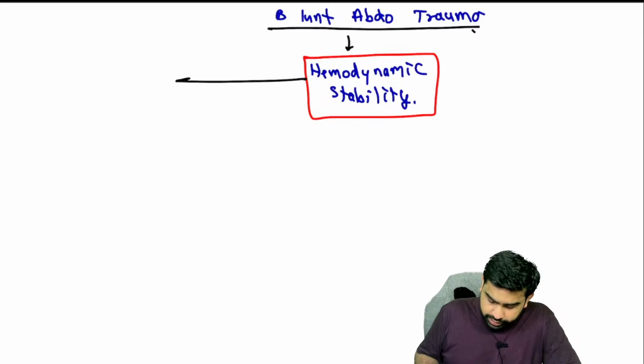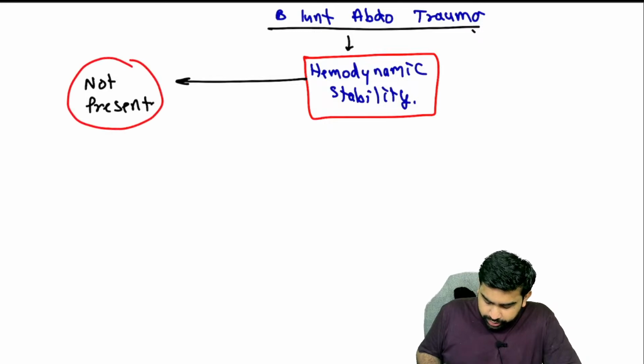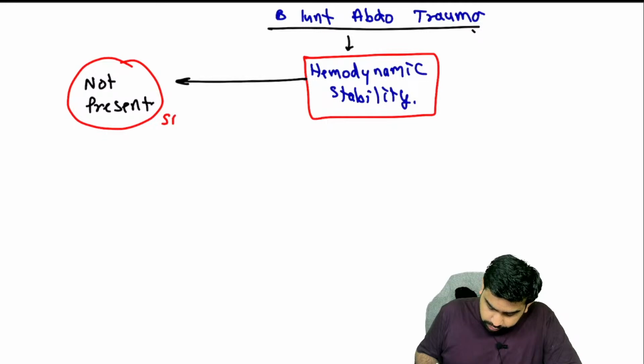If the hemodynamic stability is absent, what do I mean by that? I mean that the systolic blood pressure of the patient is less than 90 millimeters of mercury.